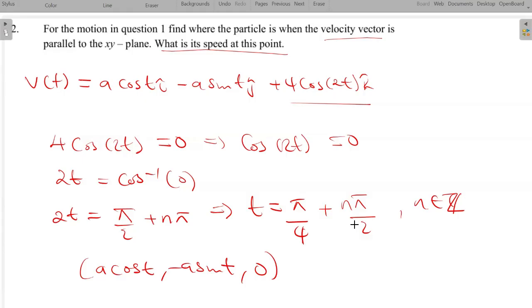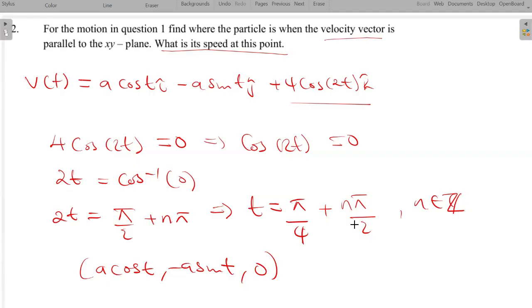Presuming that n is 0, meaning t is pi over 4, replacing it in there will be the point where I will be if I'm starting there.